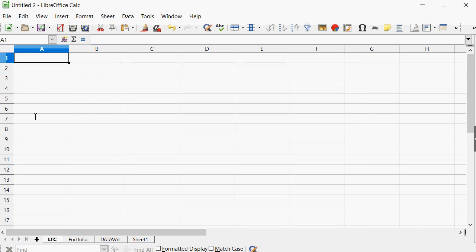So here we're going to do LTC versus BCH. What we're going to have is the BCH holdings, LTC holdings, last trade.